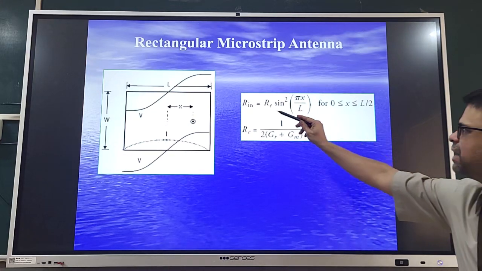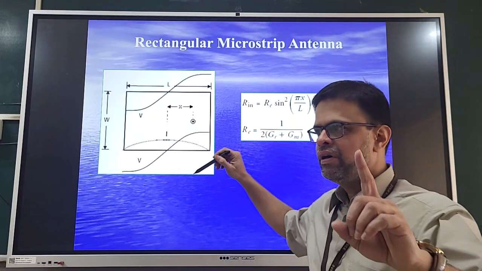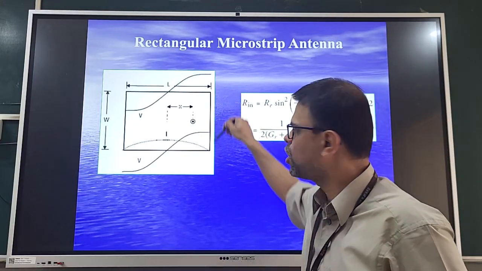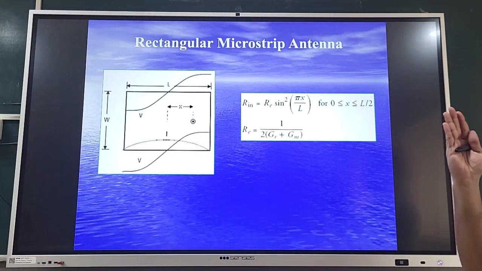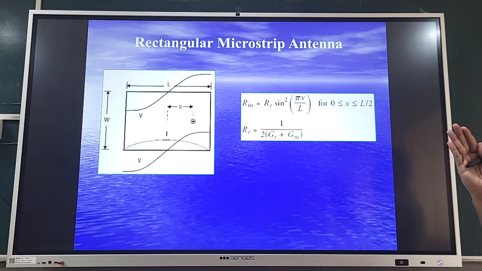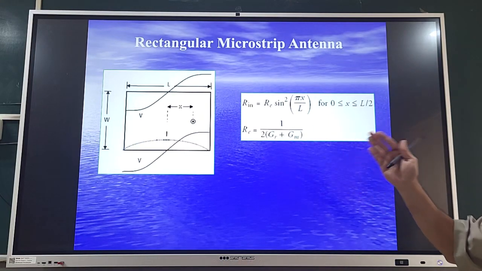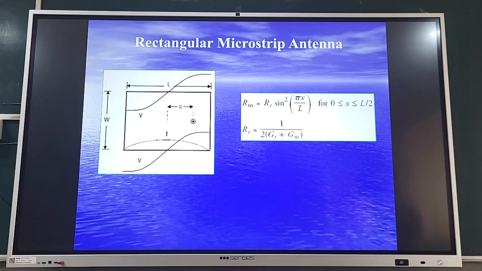So that X location where the 50 ohm point is, is obtained using this equation. Okay. Re is the impedance of the rectangular microstrip antenna having these two slots, because as we have said earlier, there are two radiating slots. Those slots are representing the radiation, so they have some impedance, because ultimately energy is dissipated.